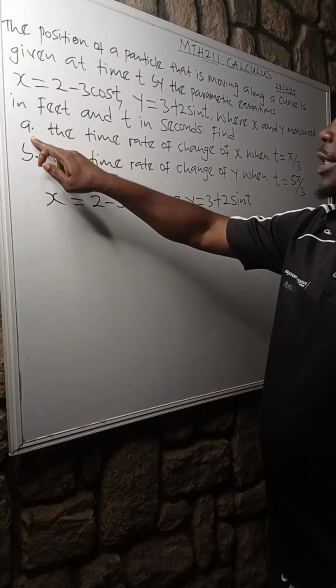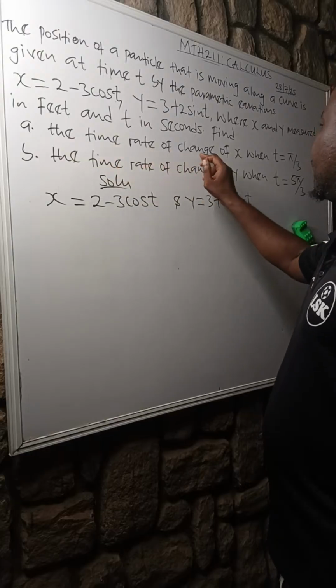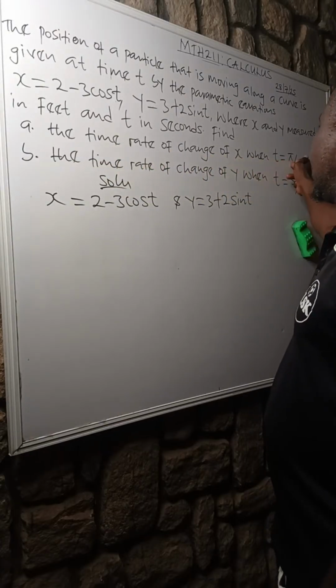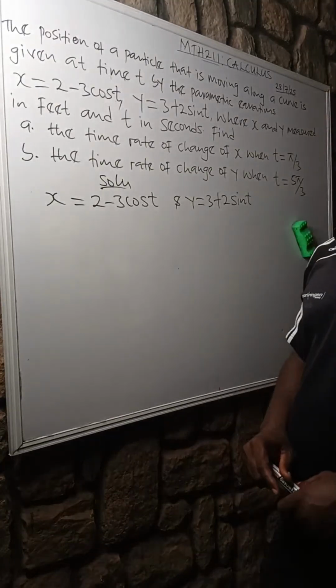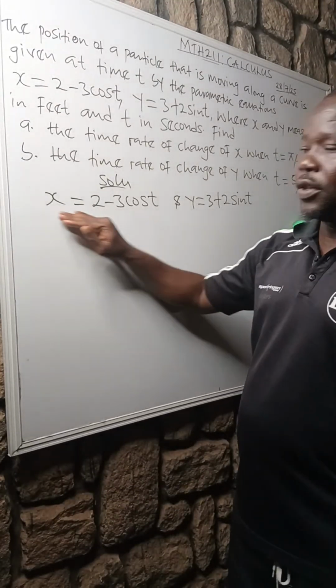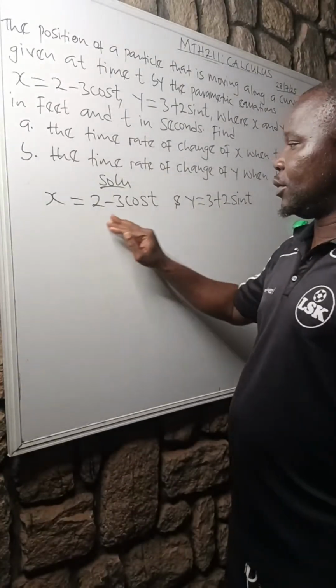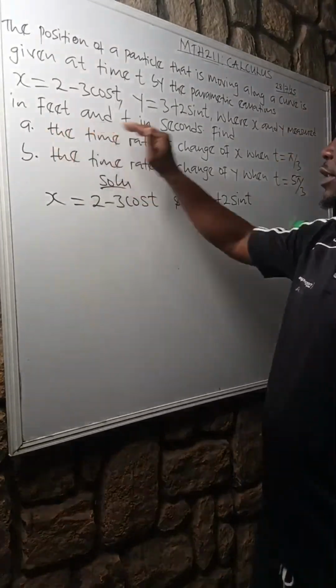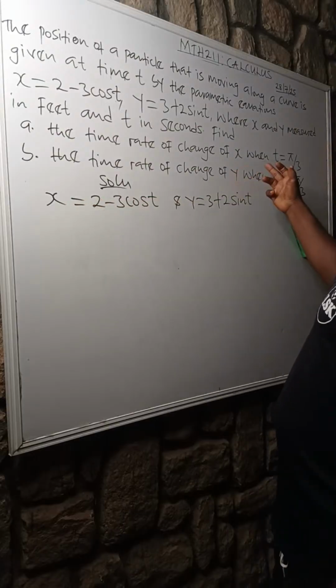Question A says the time rate of change of x, so we are going to concentrate on this parametric function for x. Is that clear?